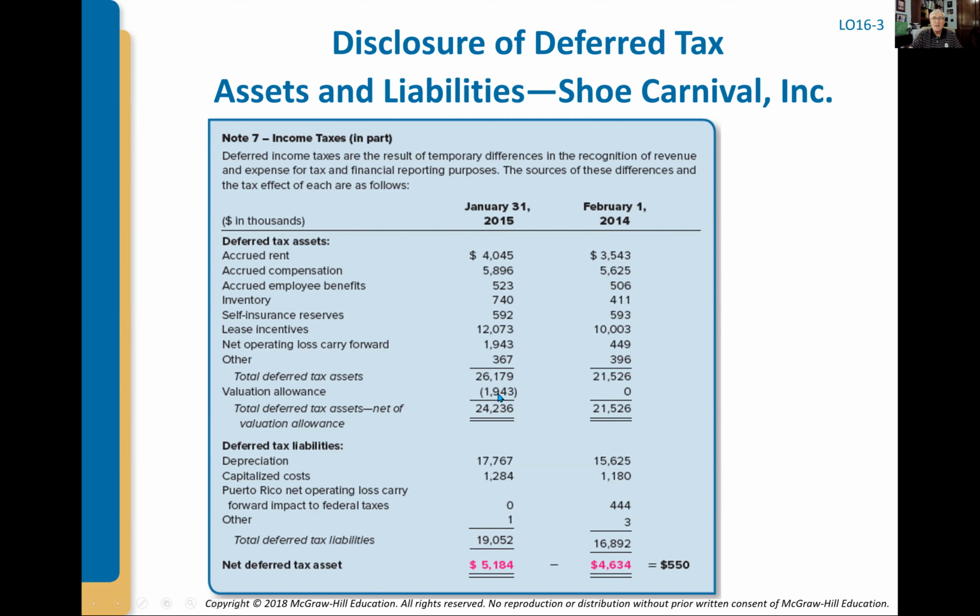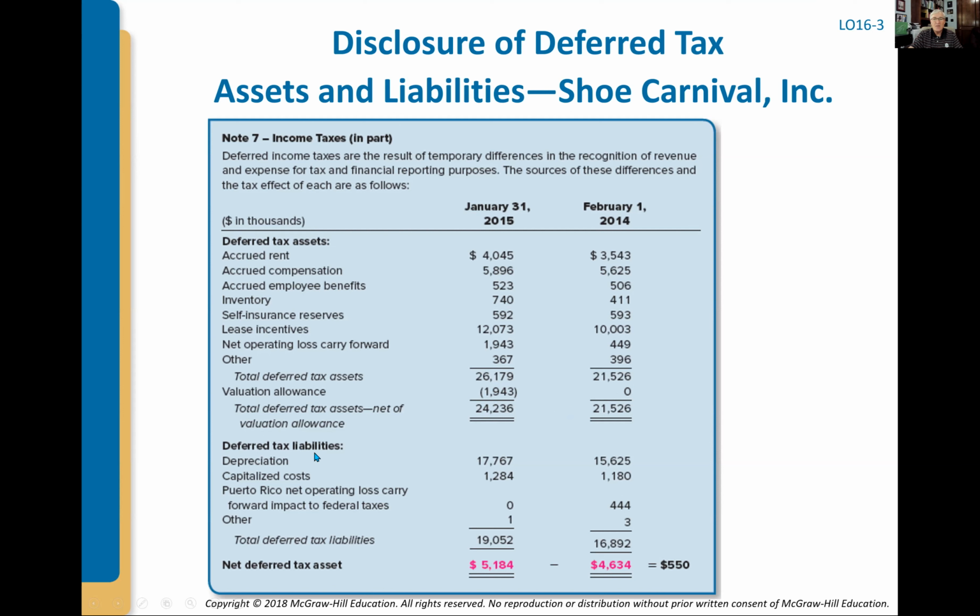This is probably in thousands of dollars. So they had a $1.9 million increase in tax expense because of creating this valuation allowance from last year to this year.